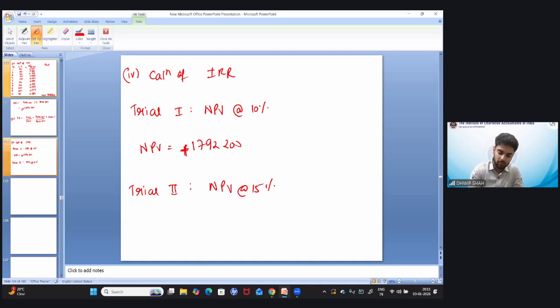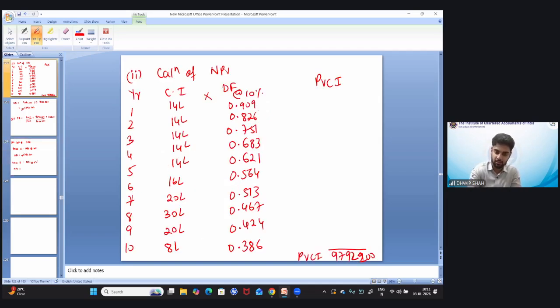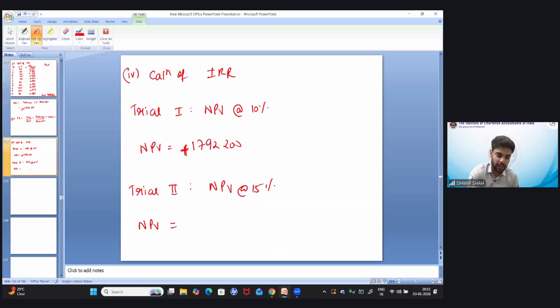Can you all directly give me the NPV figure when discounting rate is 15%? यही table बनाना है, but now instead of this 10%, you have to take discounting factor of 15%. और सारे discounting factors आपको table में नीचे दिए गए हैं. Followed? So just calculate by yourself. Try and tell me what is the NPV when discounting rate is 15%.